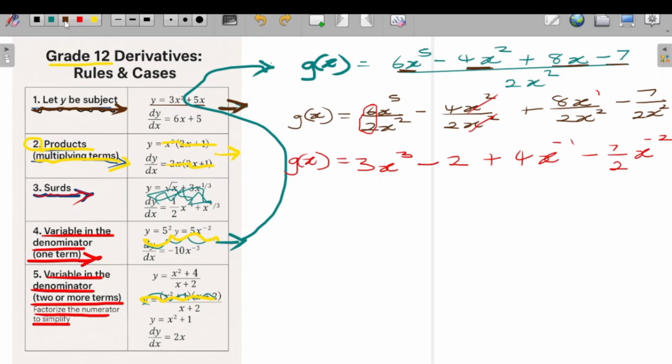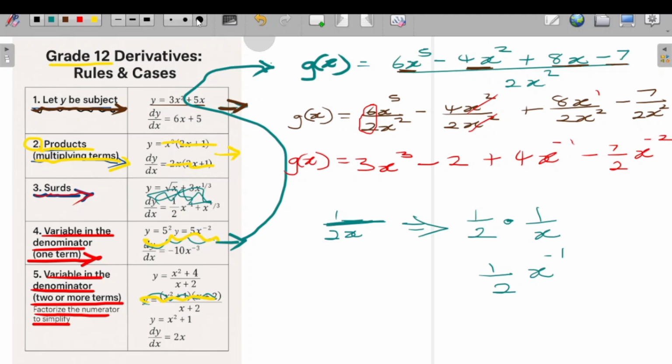Let's say that we are given 1 over 2x. So you need to simplify to separate it. So it will be 1 over 2 times 1 over x. And we know that this is an inverse, so it will be 1 over 2 times x to the power of minus 1. Okay, simple.